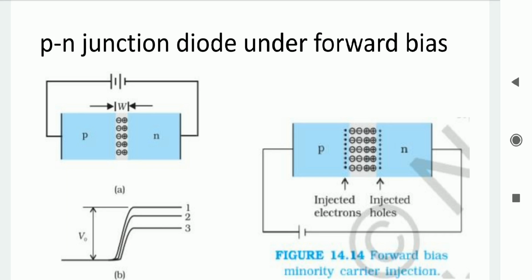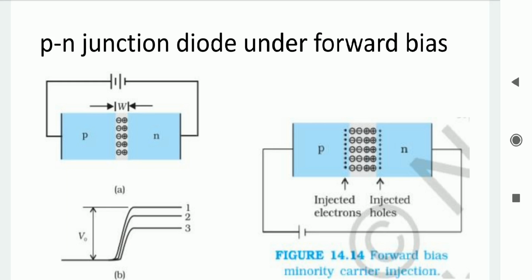Likewise, the injected holes on the n side will diffuse from the junction and reach the other end of the n side. This motion of the charge carriers on either side will increase the conventional current.